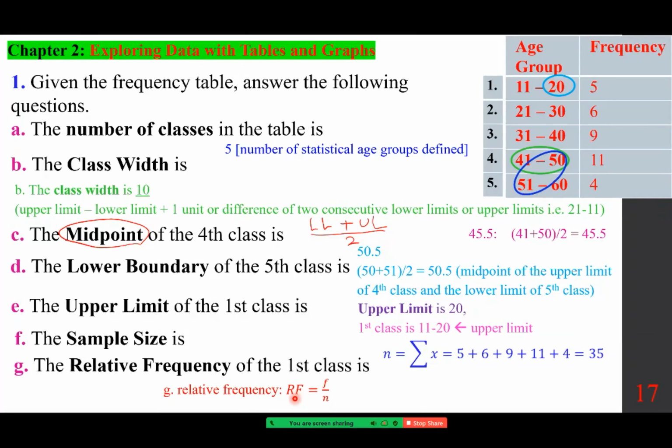So RF, relative frequency, is defined as the frequency over n. In this case, you can represent it with a fraction, decimal, or percentage.